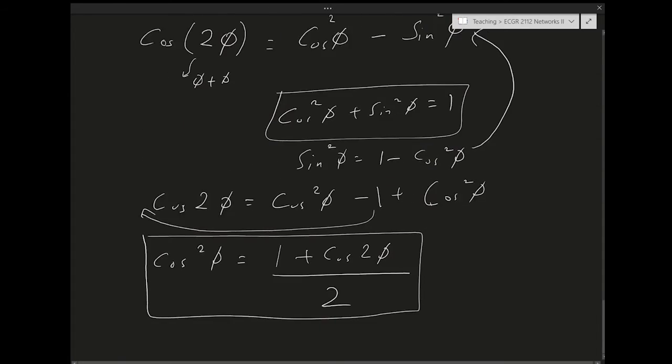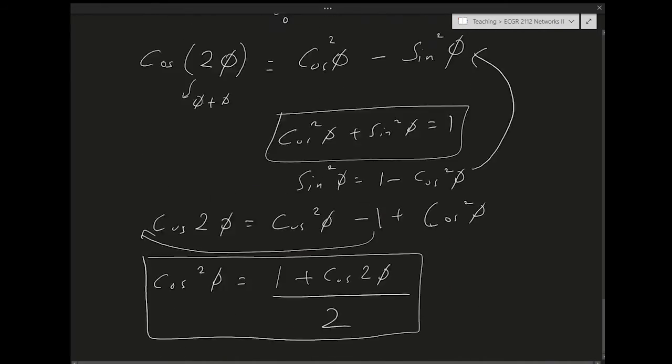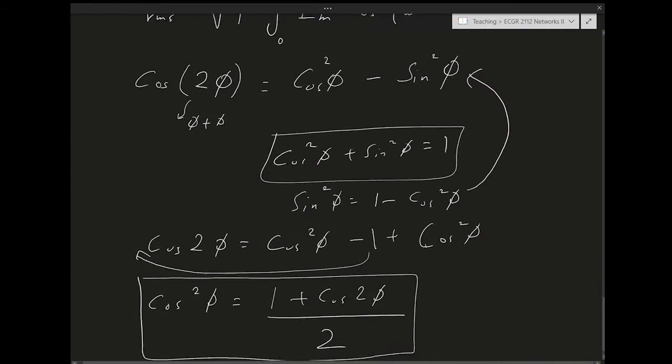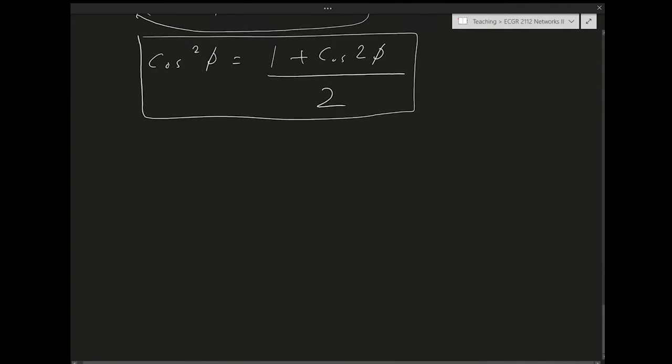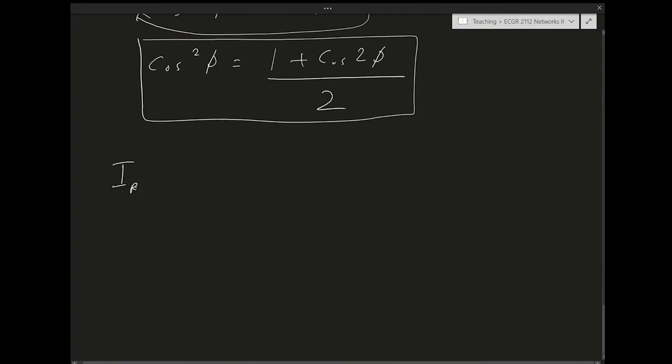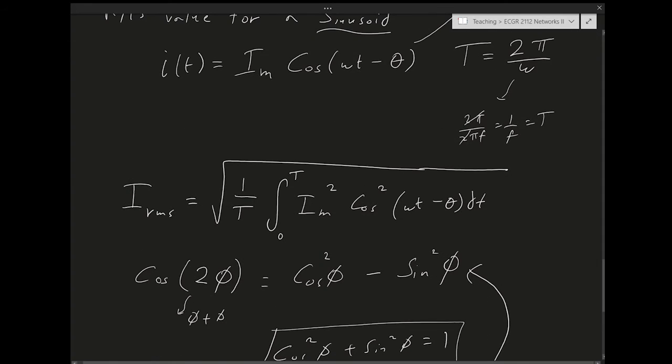Right, so let's plug that cosine squared back inside the integral. And let me take the constants out. I want to take the constants outside the integral. So I end up with I RMS equals Im. I took Im out. So I have Im squared, I take it out, I square root it.